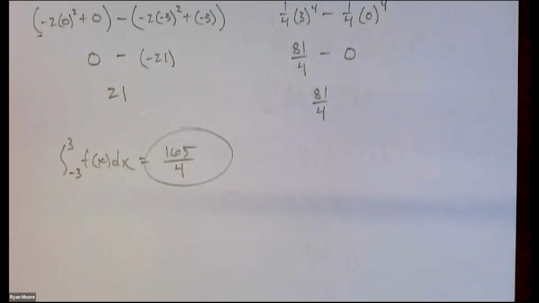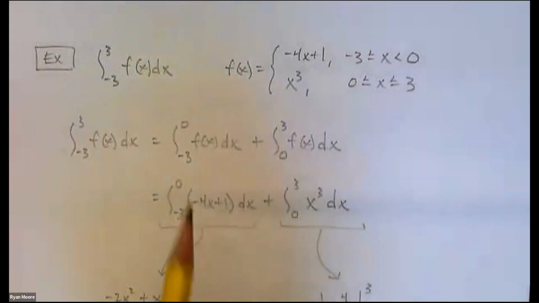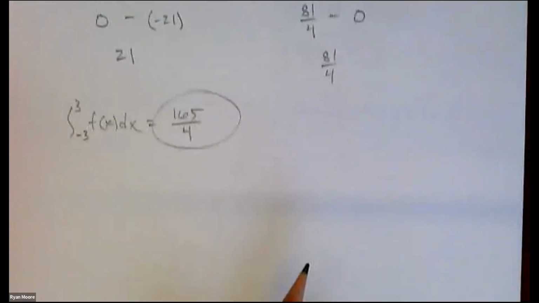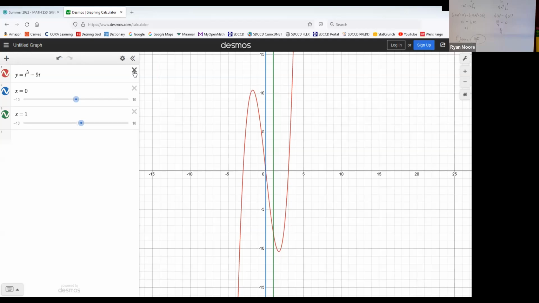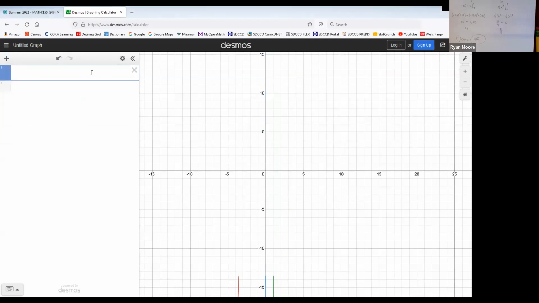If you wanted to investigate a little bit further, you could look at the graph of our function here. I'll go back over to Desmos. Always enjoy graphing a piecewise. So it was negative 4x plus 1.